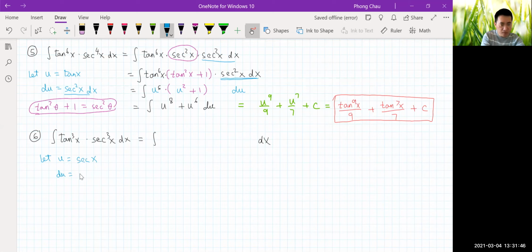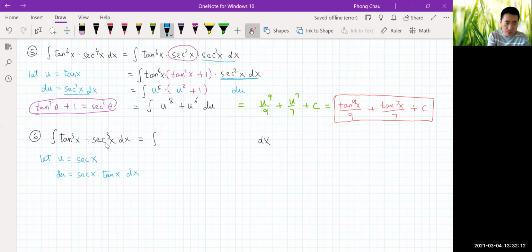Then the derivative of secant is secant x times tangent x. Now keep that in mind. This time du is secant x tangent x. So you do need secant x tangent x in the integrand, which actually I do. I have 3 of those.